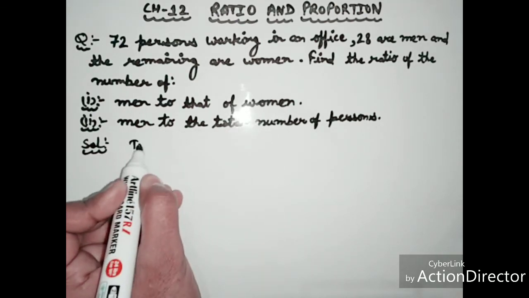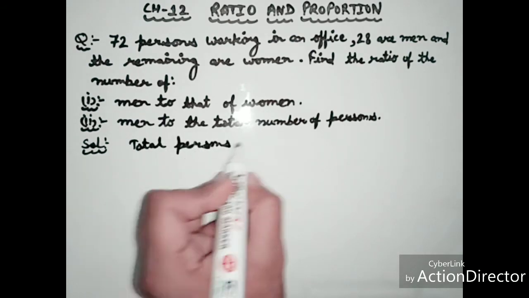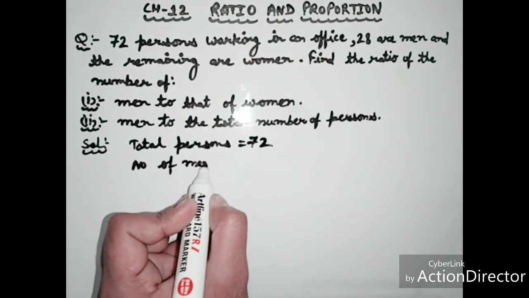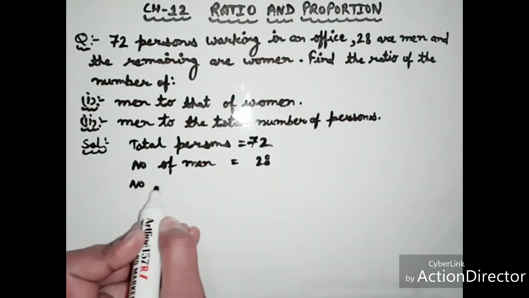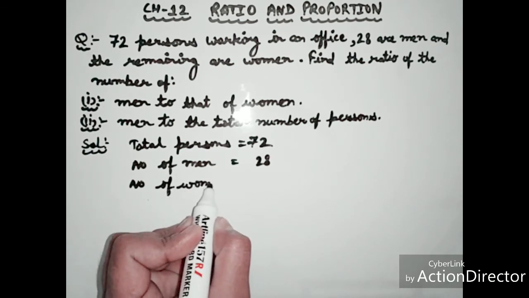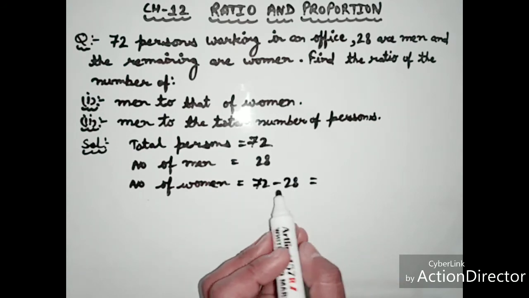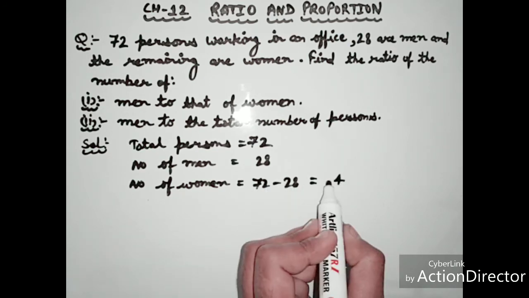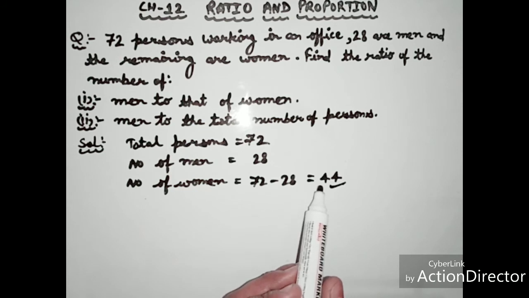So total persons equal 72 and the number of men equal 28. Now the number of women equals 72 minus 28. 12 minus 8 is 4 and 6 minus 2 is 4. So the number of women equals 72 minus 28 equals 44.